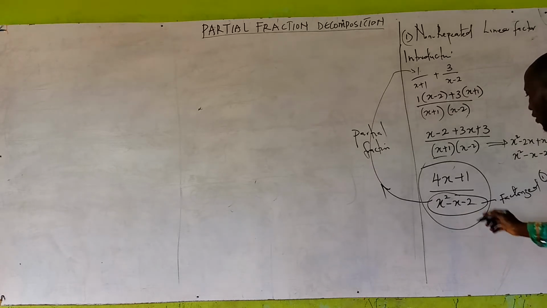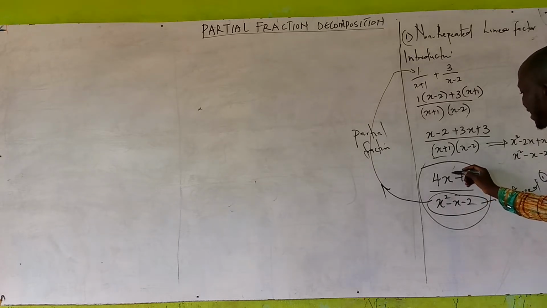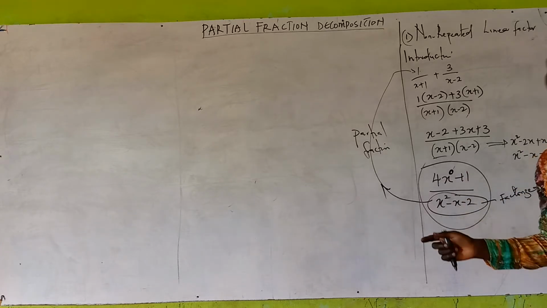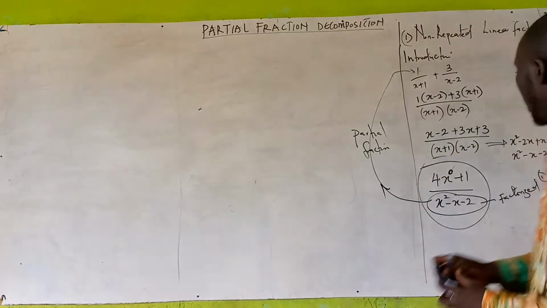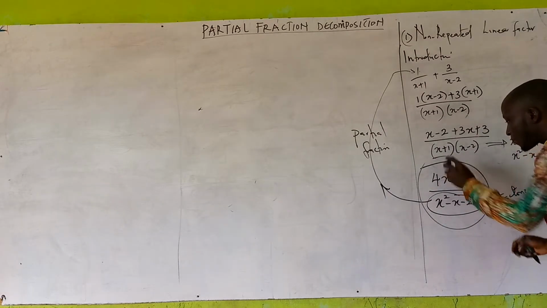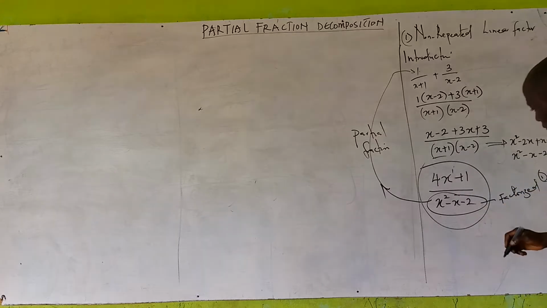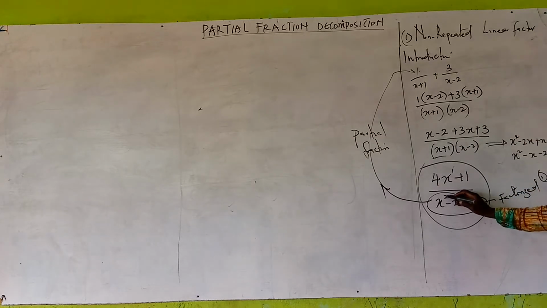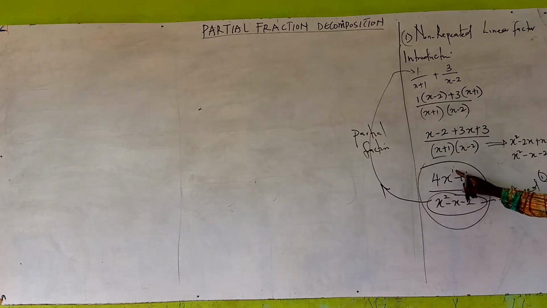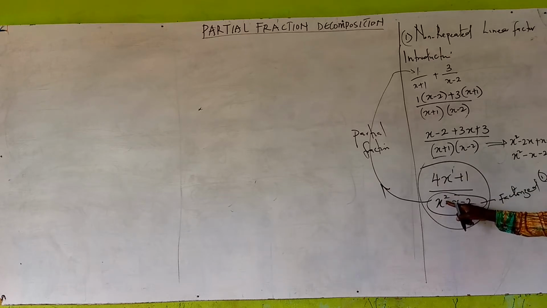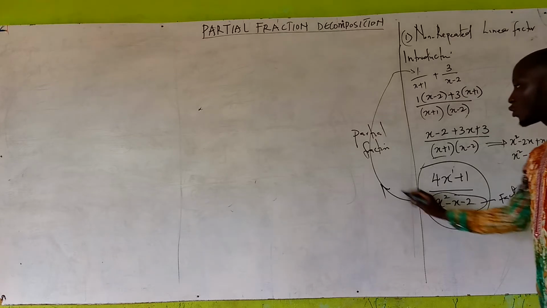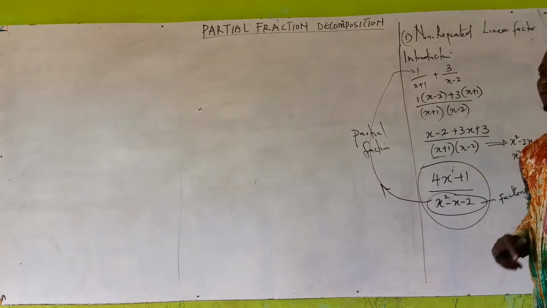Two, the degree of the numerator must be one less than the degree of the denominator. In this answer, the numerator is x raised to power 1 and the denominator has x raised to power 2, so the numerator is one degree less. If these two conditions are satisfied, then we go with partial fractions.